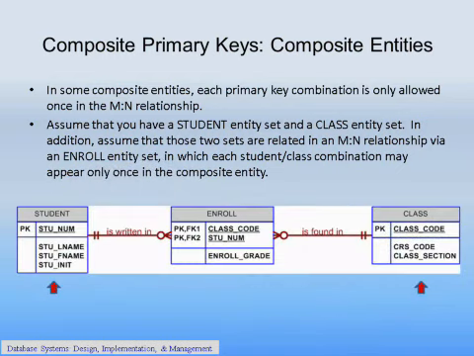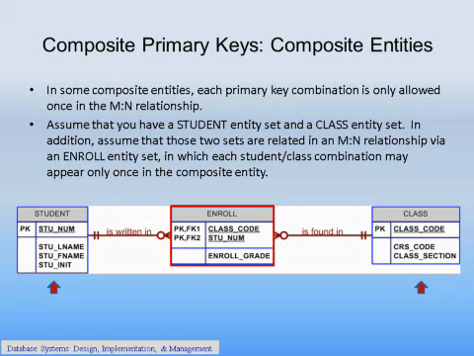In addition, assume that those two sets are related in a many-to-many relationship via an enroll entity set, in which each student-class combination may appear only once in the composite entity, to represent the fact that a student can only enroll once in a class in a given semester.